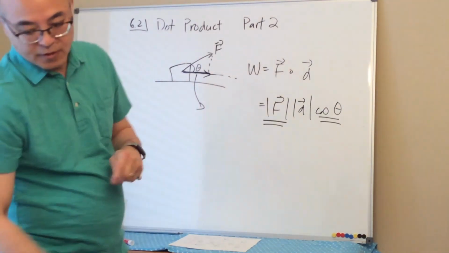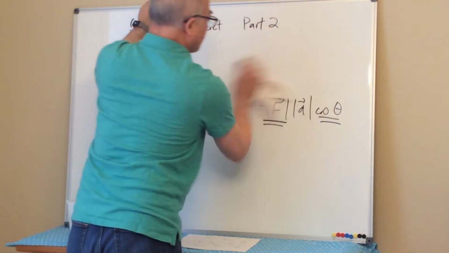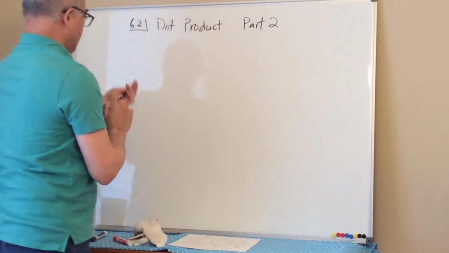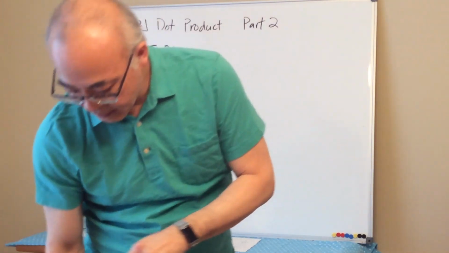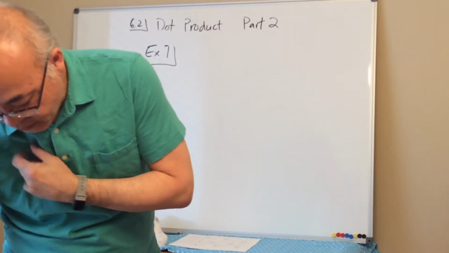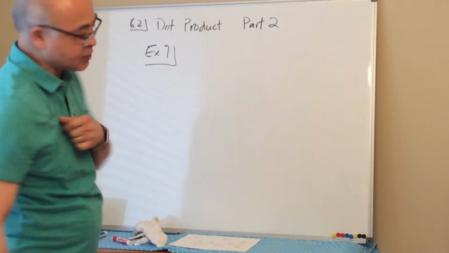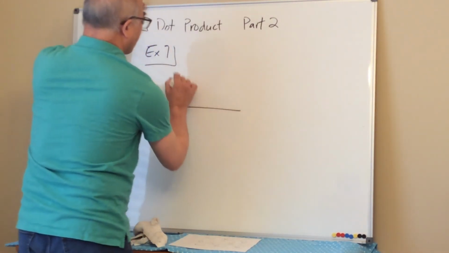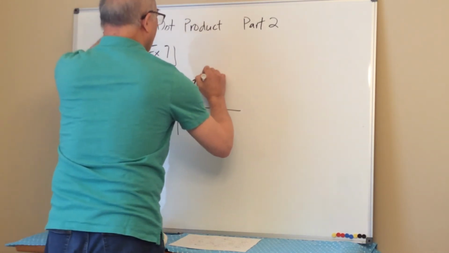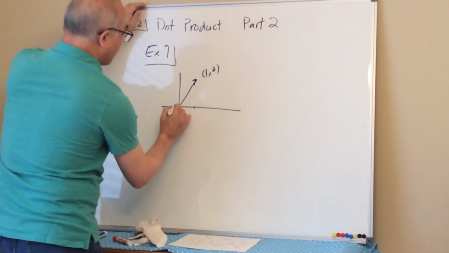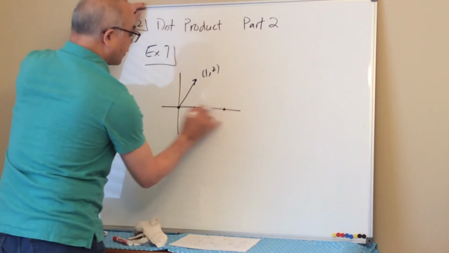Okay, let's go to example number 7 and see if we make any sense of this. Example 7: find the work done by a 10-pound force acting in the direction of 1, 2, going from that point to that point.